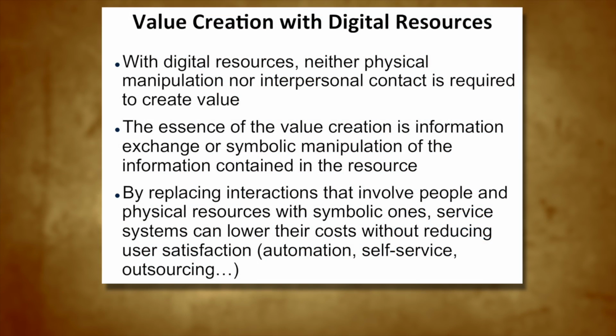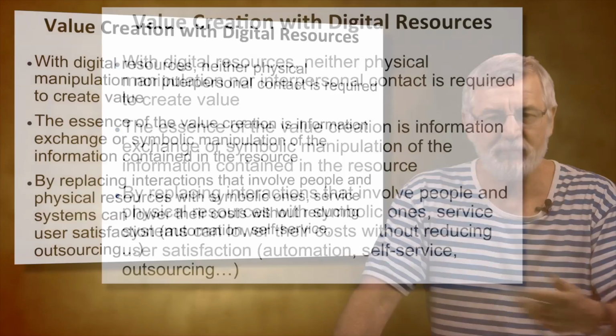And when we analyze different kinds of value creation patterns, we see that with digital information and digital resources, you don't really have to be there physically to interact with the stuff, and you don't have to talk to people when you interact with the stuff, because the essence of value creation is basically moving information around in some way or computing on some information.